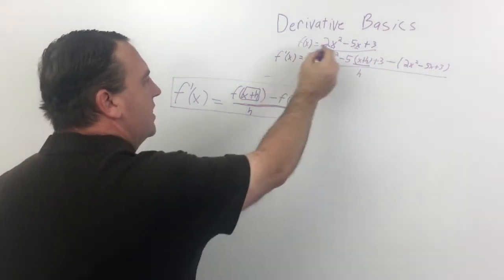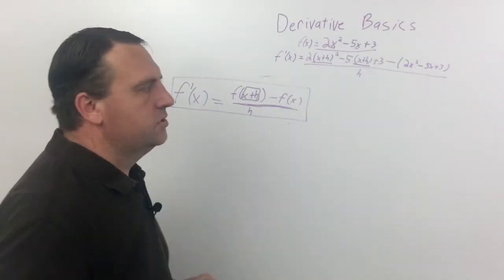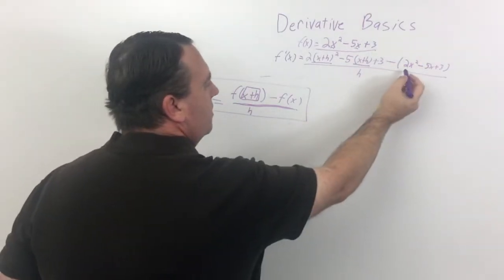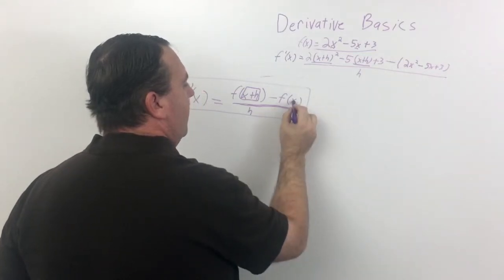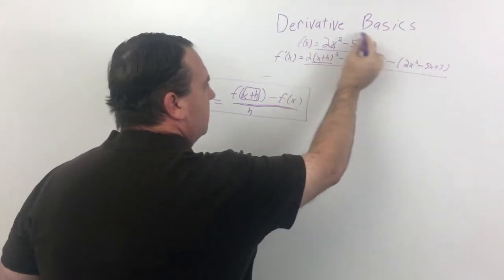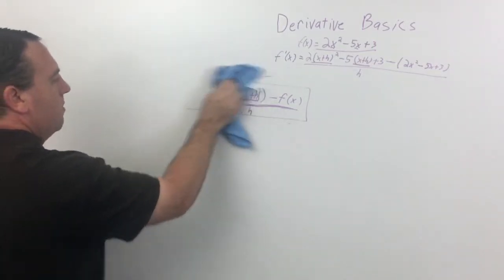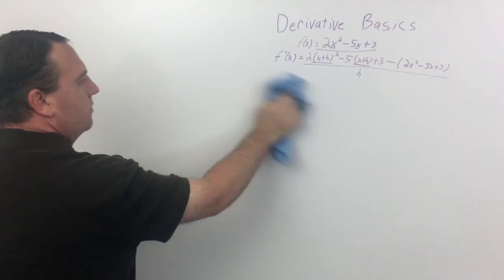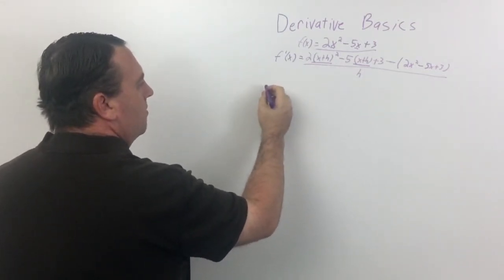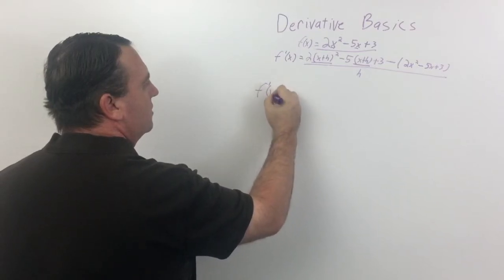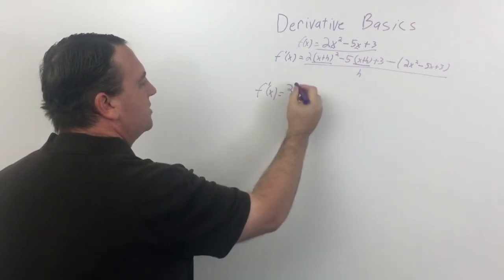Notice the x plus h replaced the x in every case. It doesn't matter how many times x occurs, each time we have an x, it'll be replaced with x plus h. And over here, we just restate f of x because we're just substituting in x for x, which gives us exactly this formula back. So I'm going to erase this so we have more room on the board, and we're just going to solve this. f prime of x is equal to 2 times (x plus h) squared.